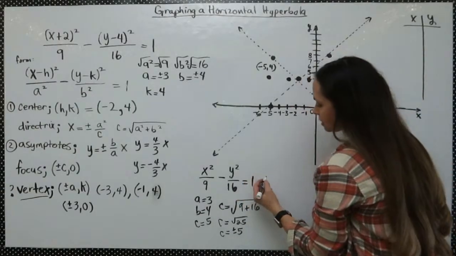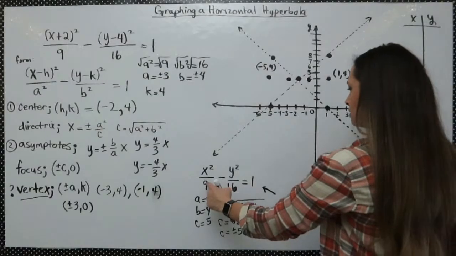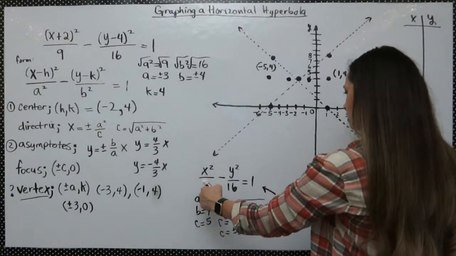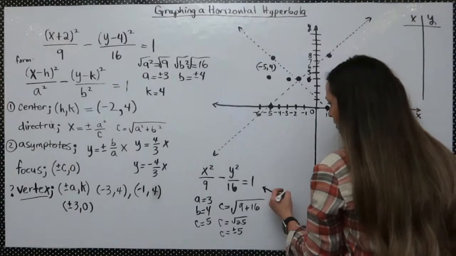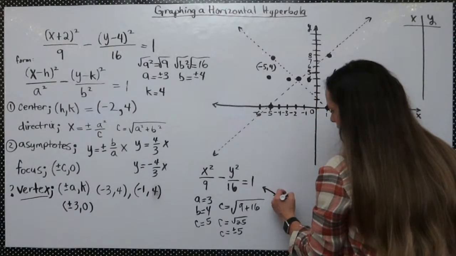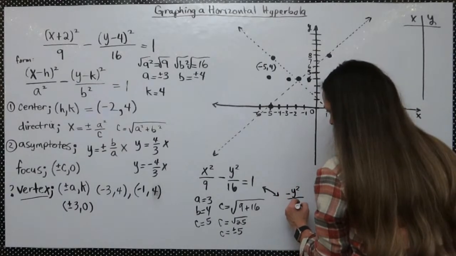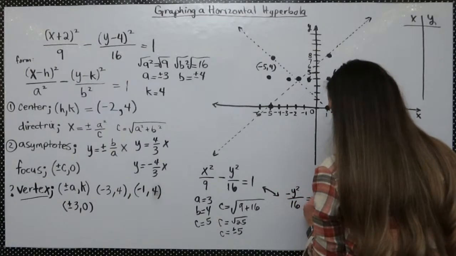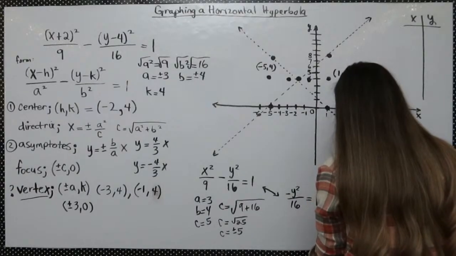If I want to solve this thing for y, then I'm going to subtract the quantity x squared divided by 9 from both sides. So that's going to look like -y squared over 16 equals 1 minus x squared over 9.